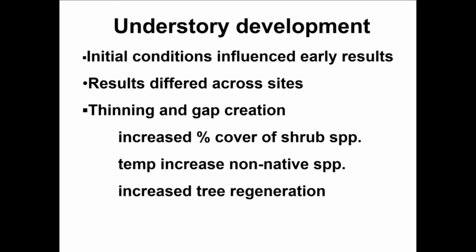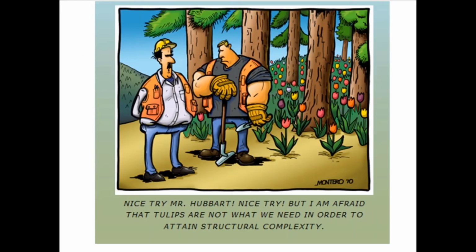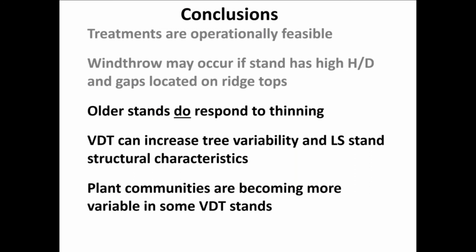So understory development, the initial conditions really influenced the early results. Results differed across sites, but overall, the thinning and gap creation increased the cover of shrub species, temporarily increased non-native species, and increased tree regeneration.